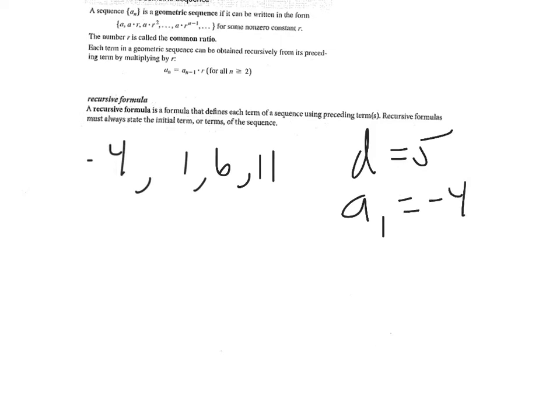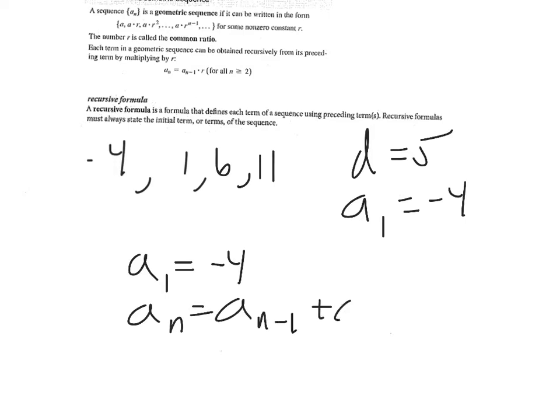So if I wanted to write a recursive formula, the way you write a recursive formula is you write your first term is -4, and then you say to find the next term, whatever term you want, you're going to take a sub n minus 1 plus the common difference, which in this case is going to be 5. And that's the recursive formula.